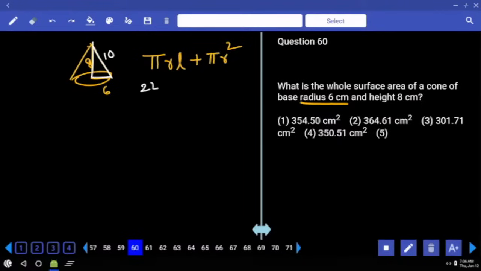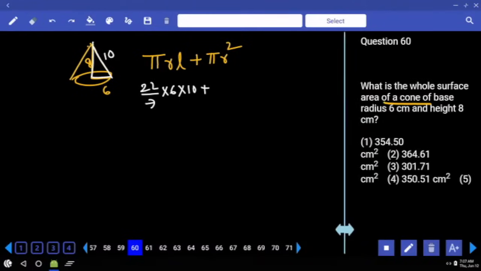Pi is 22 by 7 into 6 into 10 plus pi r square, 22 by 7, 6 into 6. 22 by 7 is common. 6 is also common. So I want to take those two numbers common. 6 into 22, 132 by 7 into 10 here, 6 here. 10 plus 6, 16.